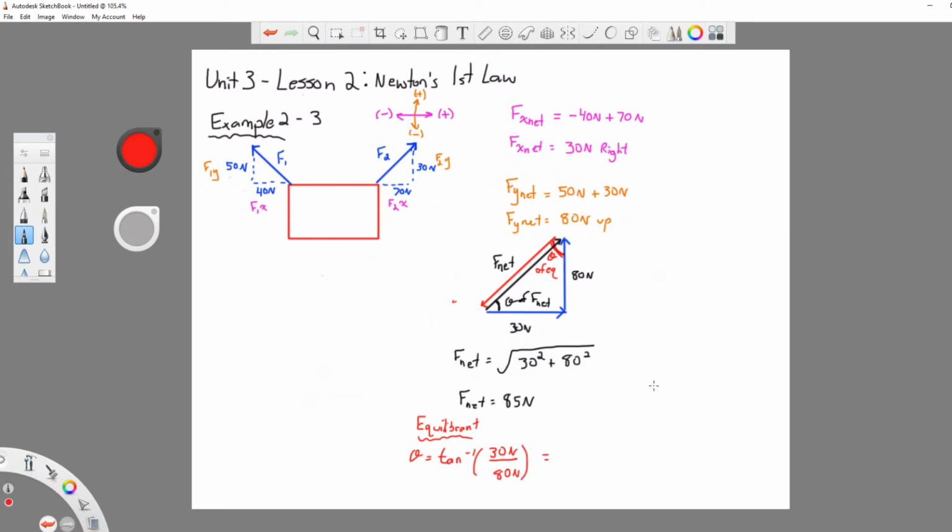So that is equal to, when I solved it, 69 degrees, and so this angle is going to be smaller. That's going to be the complementary one, so it's going to be 21 degrees, I believe. 21 degrees, and that is west of south. So our equilibriant value is 85 newtons at 21 degrees west of south.